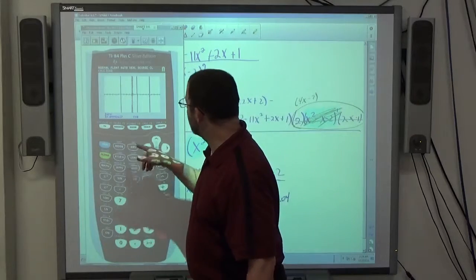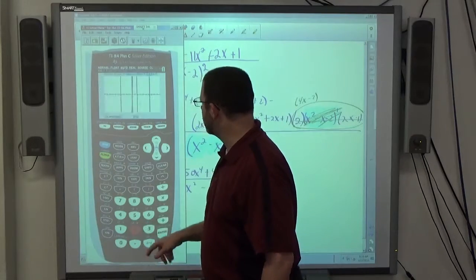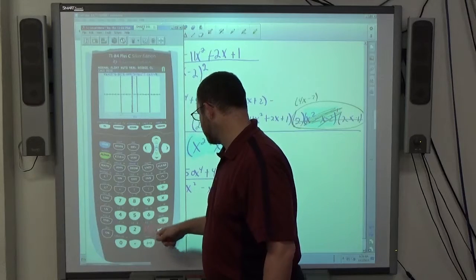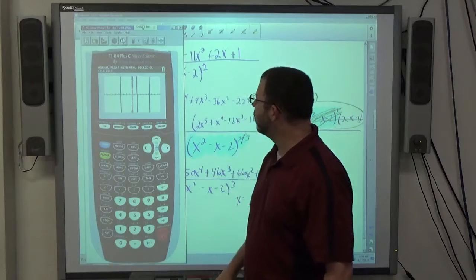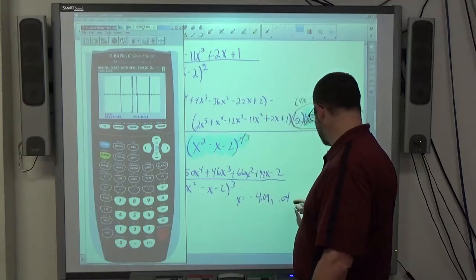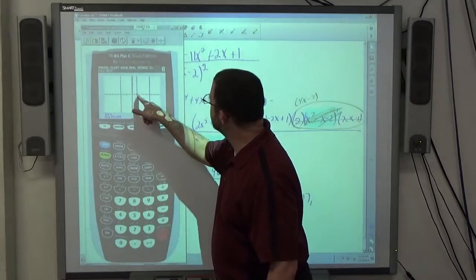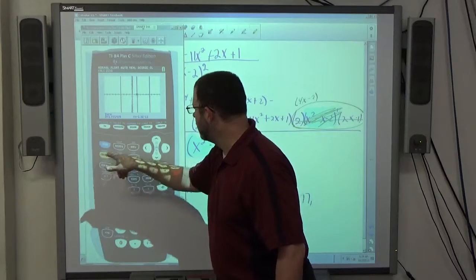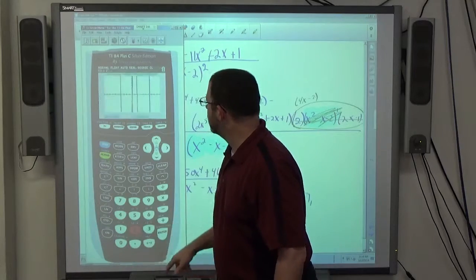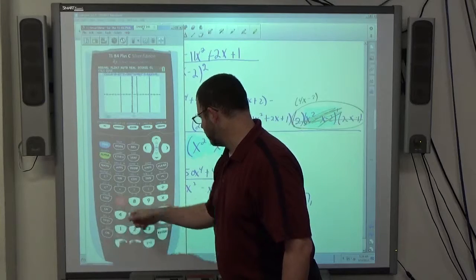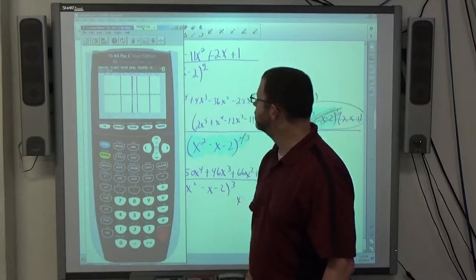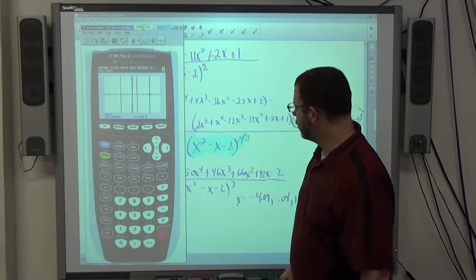The next one looks to be close to 2, so too small 1, too big 3, guess 2, we get 1.77. And the final one looks to be around 6 point something. So too small 6, too big 7, guess 6.2. We get 6.26.